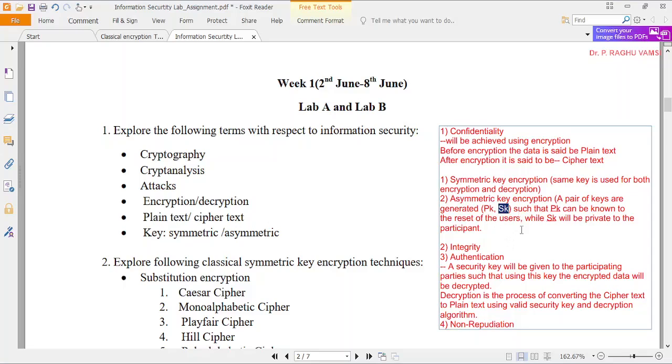The advantage of asymmetric key encryption is that the secret key or private key is known only to you. No one else knows it, so no one else can decrypt this encrypted data.